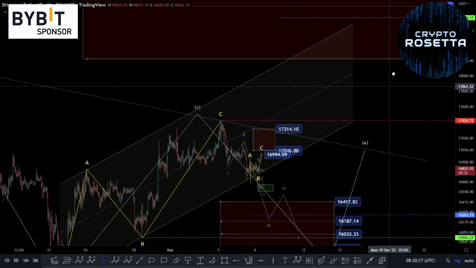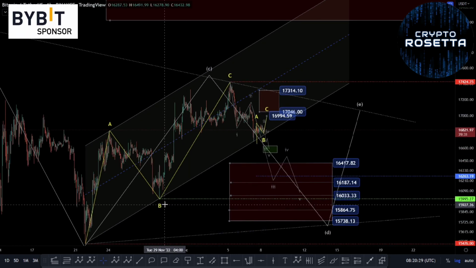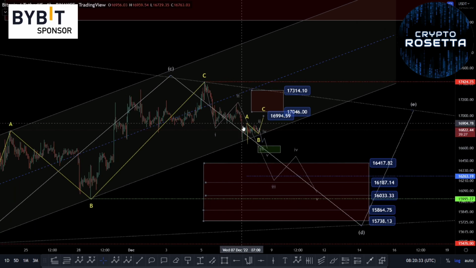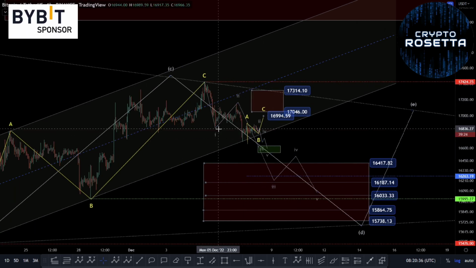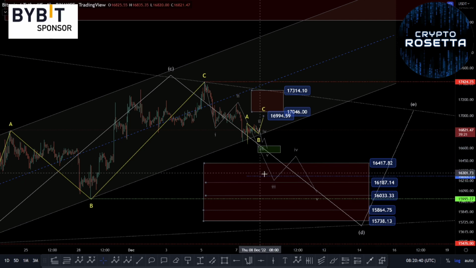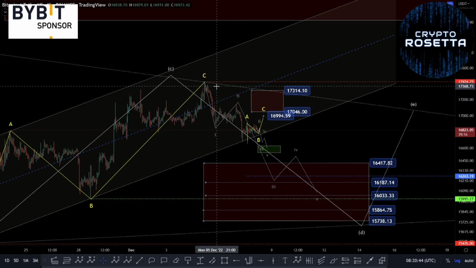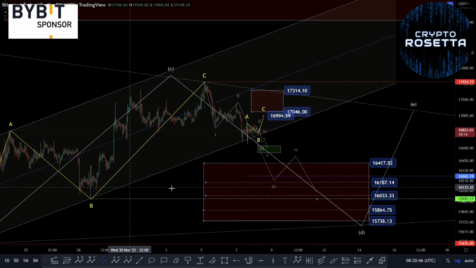If we, however, want to look at this as an impulsive move, it would depend where exactly this ends. If we move down again, it would just be a zigzag. But if we move down past this level here, the 16,263, then it would look to invalidate this.